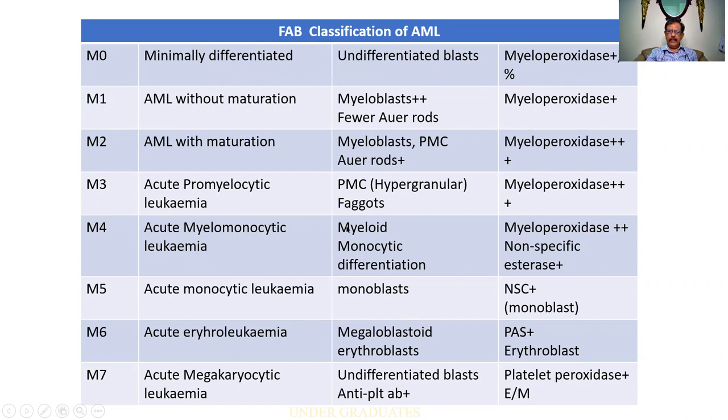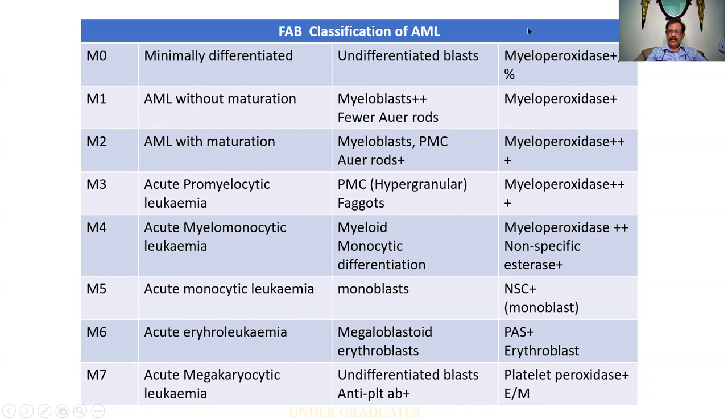Myelomonocytic, both a combination of myeloid cells as well as monocytic cells are there. Monocytes should be a minimum of 20%. And acute monocytic leukemia is there, in which we find the monoblast. Erythroleukemia, in which you find large erythroblasts or megaloblasts. Megakaryocytic leukemia, which is again resembling the megakaryoblast. Antiplatelet antibodies will be positive.